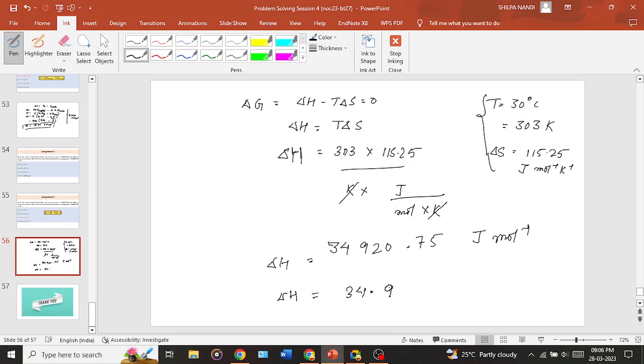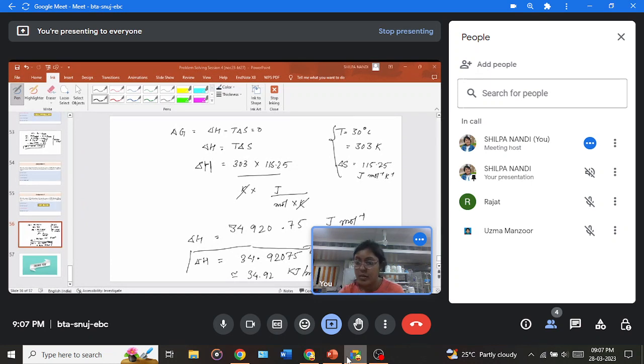So approximately 34.92 kilojoule per mole. So we are here with our answer. I hope this question was also a straightforward one.